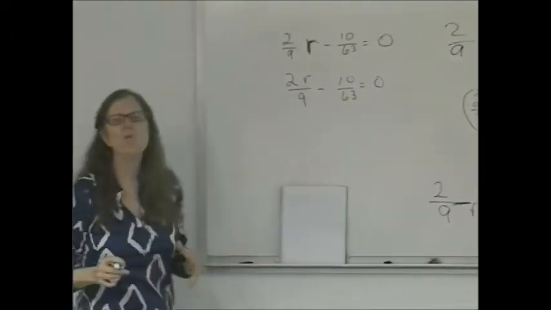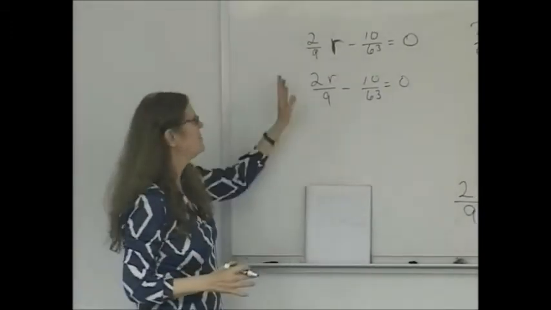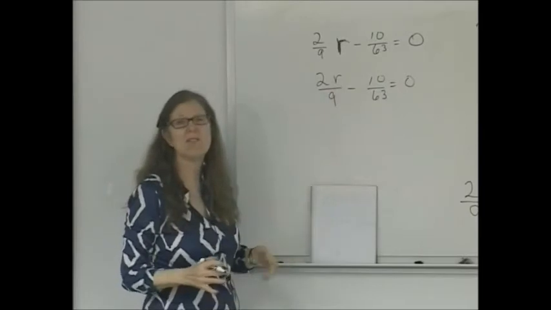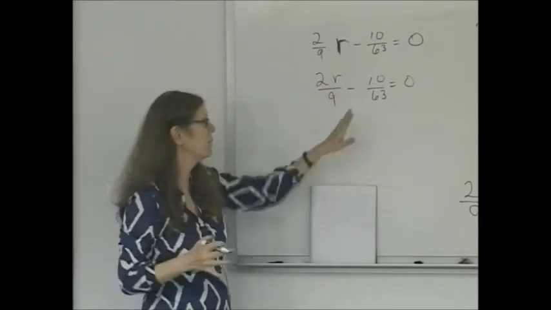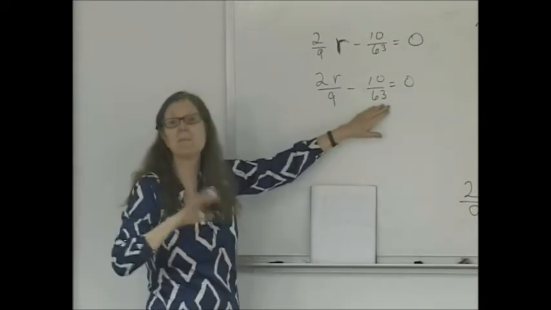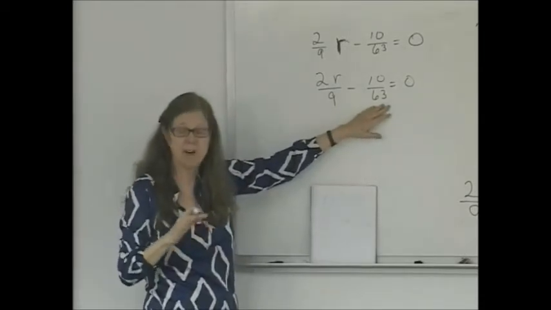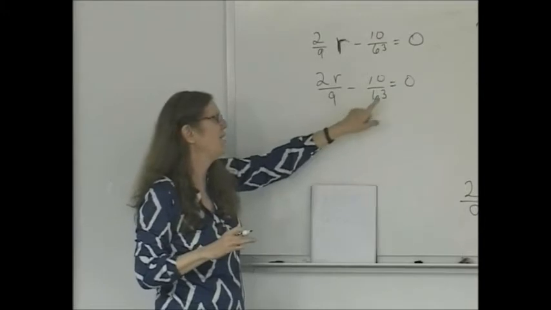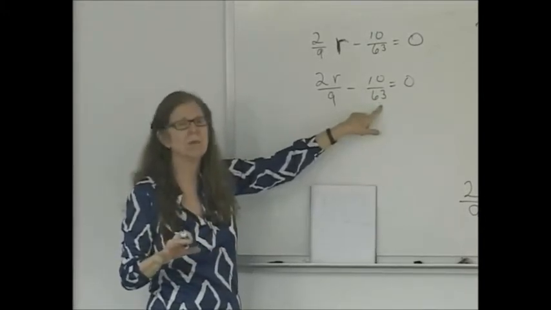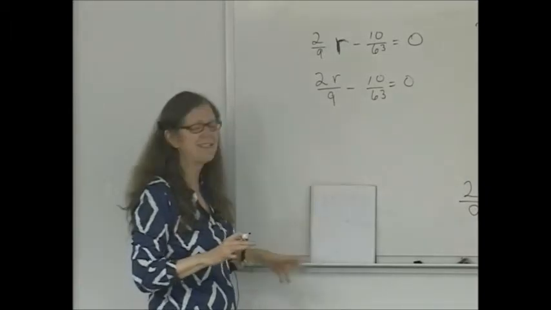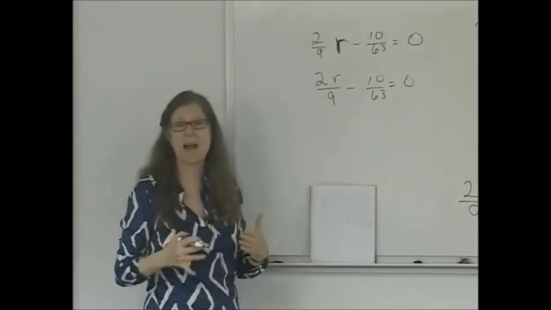Now, whenever we've got a number in front of r, some amount of r's, or the variable, x, y, whatever you're working with, and a plain number with no variables in it, you always get rid of the plain number first. And that's done generally by adding or subtracting.